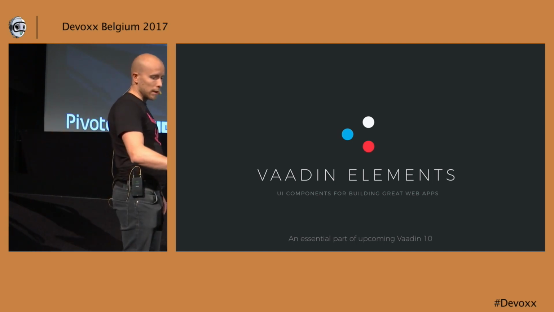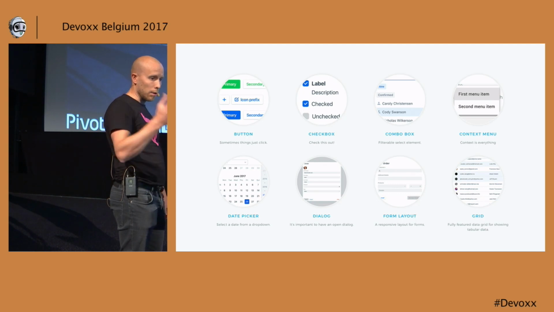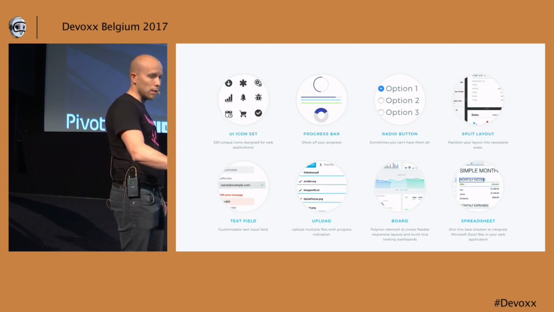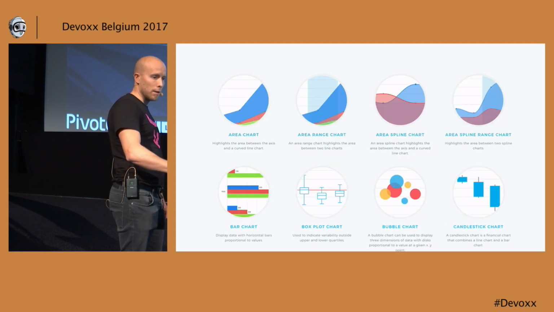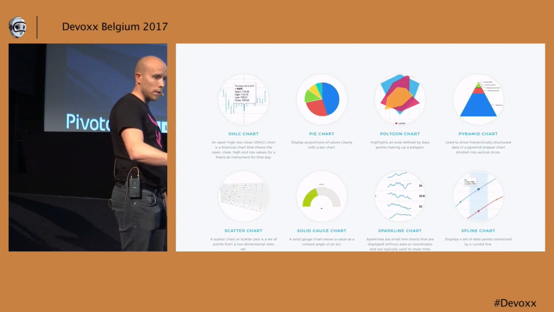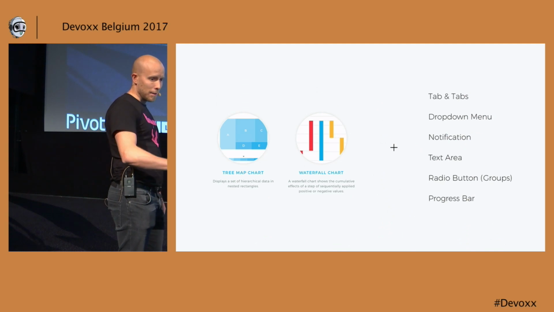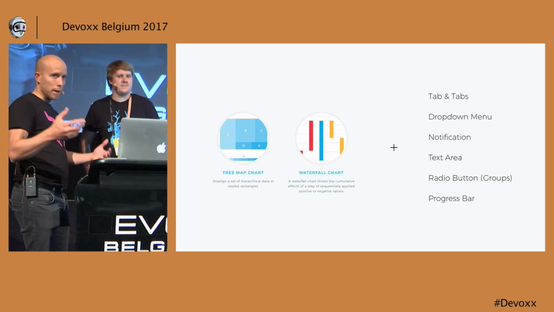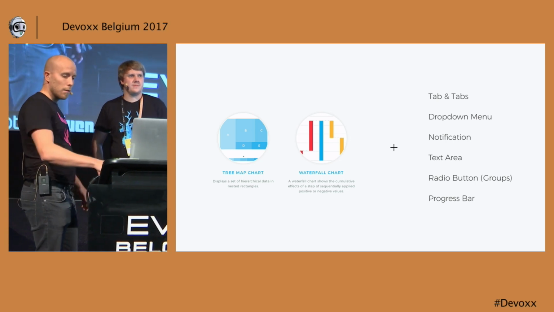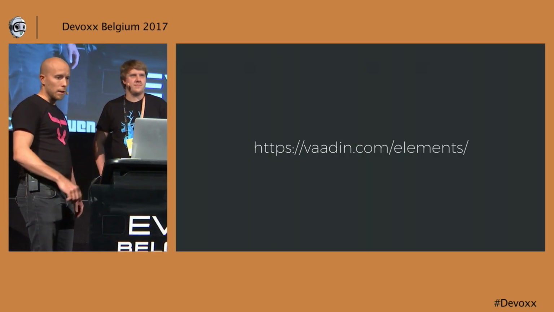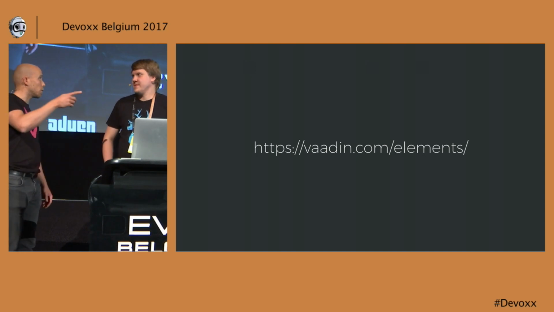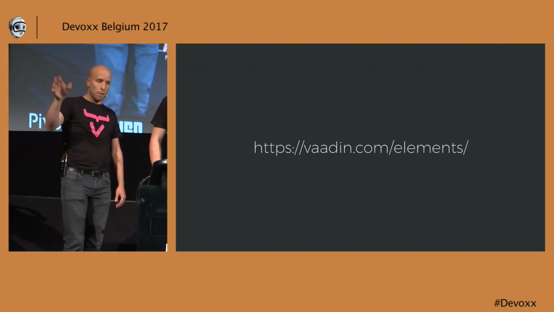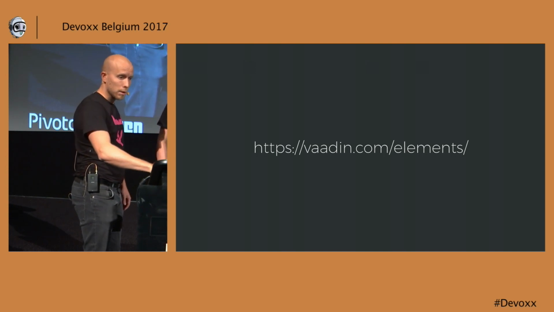Elements currently has a lot of components. It contains all the boring components that you need for business applications, and then there are some more advanced ones, and lots of charts, more charts, even more charts, and practically everything that you need to build basic business applications. If you want, go to vaadin.com and see the whole listing, I don't want to go through them here.